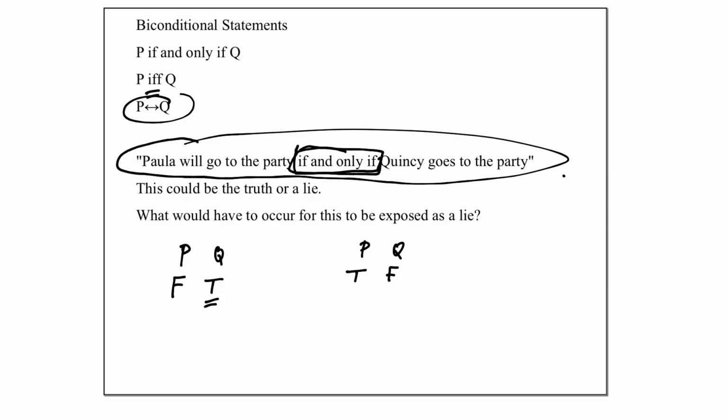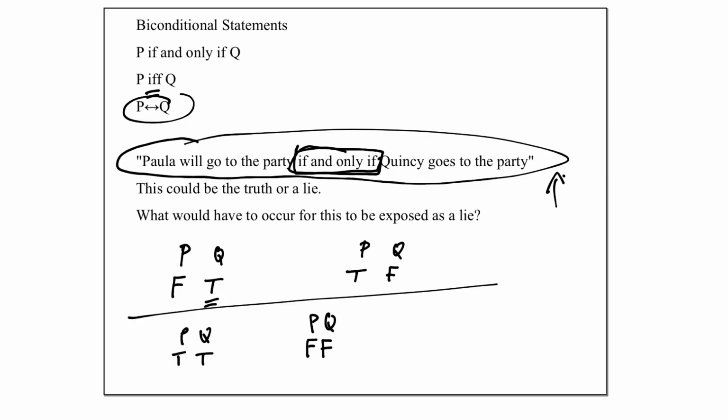So if either of these situations happen, this person would be lying. But if you had the situation where they both went, you wouldn't call this person a liar. It doesn't contradict what they said. And even if you had the situation where neither of them went, it wouldn't contradict this statement.